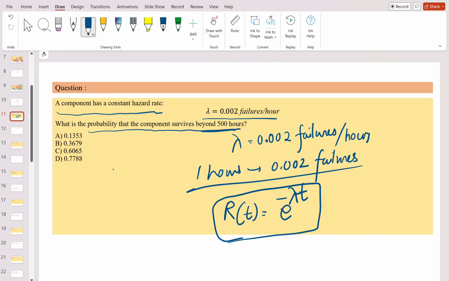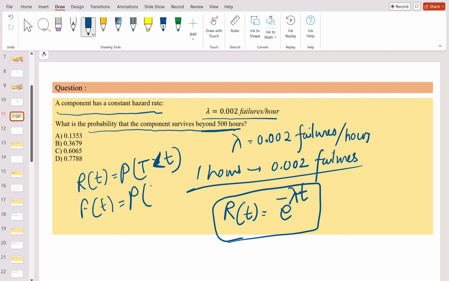The reliability at a time t is equal to the probability that time is greater than t. Or you can say the failure rate is the probability that time is less than or equal to t.